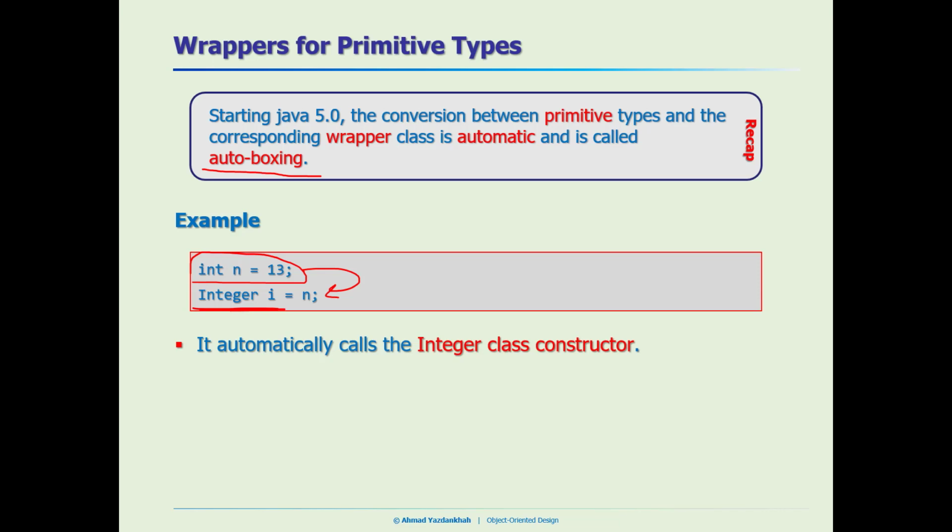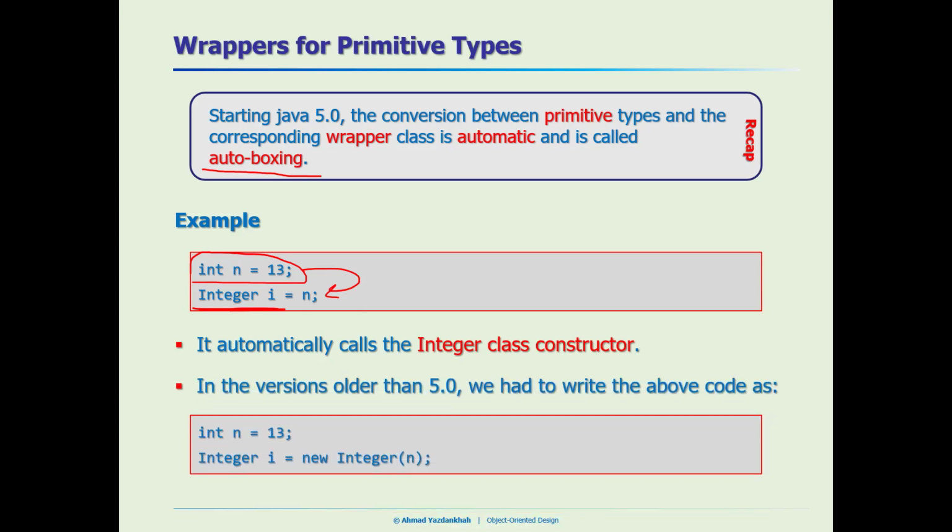Before Java 5, we couldn't do this, right? We had to instantiate the wrapper class like this to be able to assign a number to a wrapper class. Here we can do that easily. Java supports that, and it is called auto-boxing.